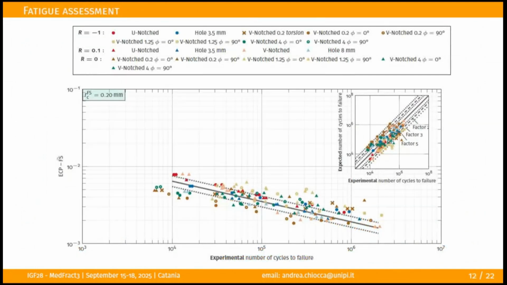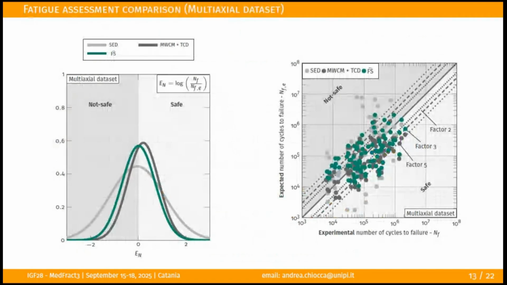This is the result. All the colored points are the validation points, and the fatigue curve here is not the best fit. This is the curve with the scatter derived from the calibration. So they are not related, okay? And here is some comparison with other methods.